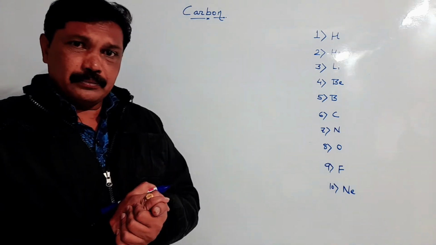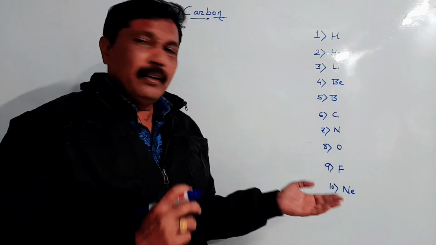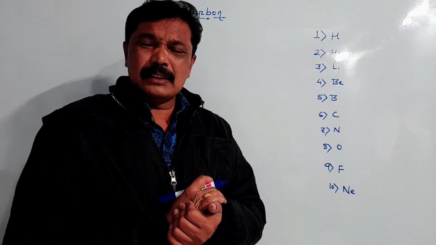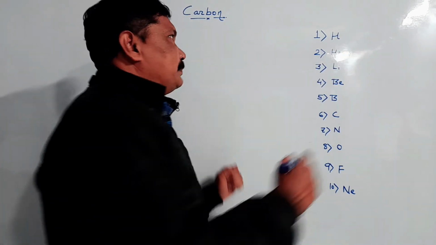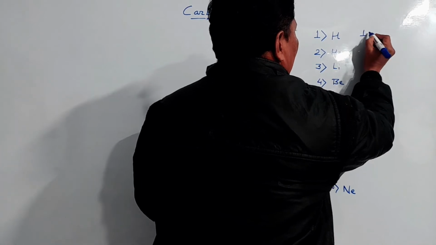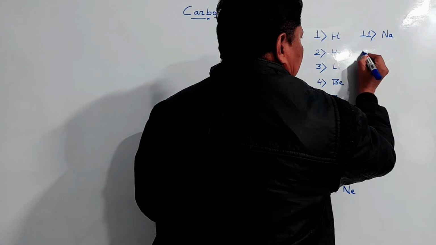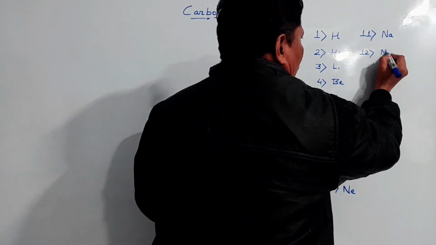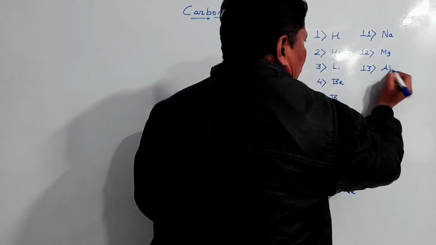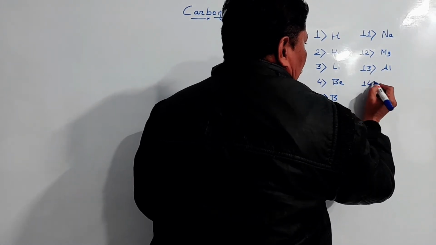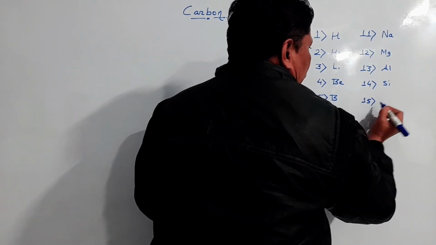My dear student, there are nearly 20 elements given. 10 we have written. Let's consider the elements from 11 to 20. 11. Sodium. 12. Magnesium. 13. Aluminium. 14.